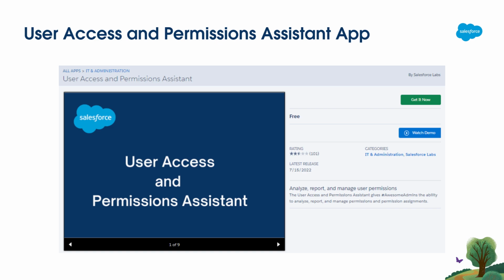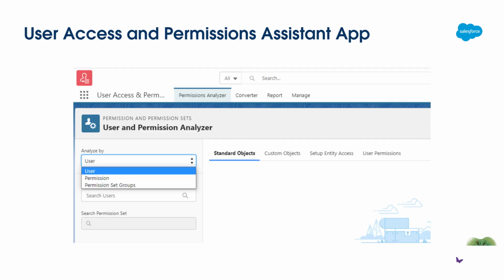Okay. The next tool that's available is the User Access and Permissions Assistant app. And if you haven't looked at that recently, look at it again because it's had a couple of different facelifts and enhancements now. So have a look at it to be able to analyze what your users can see and do, where your permissions are granted, and what your permission sets and permission set groups can see and do.